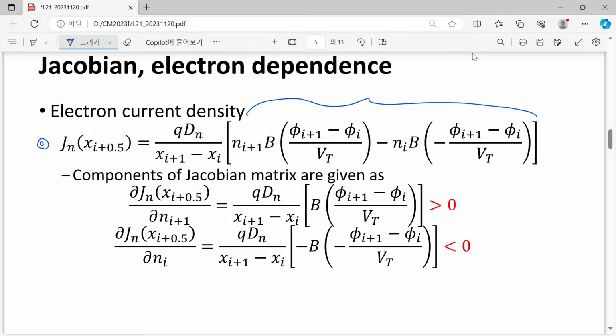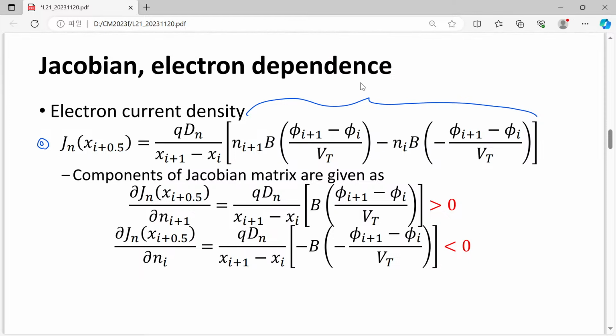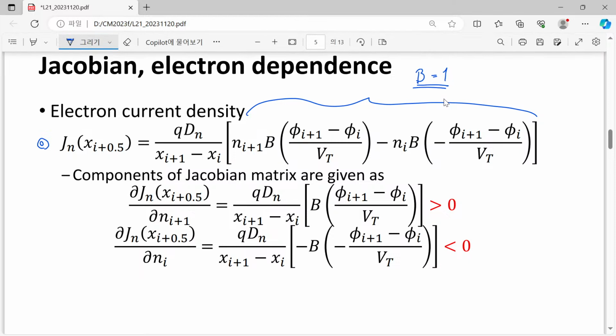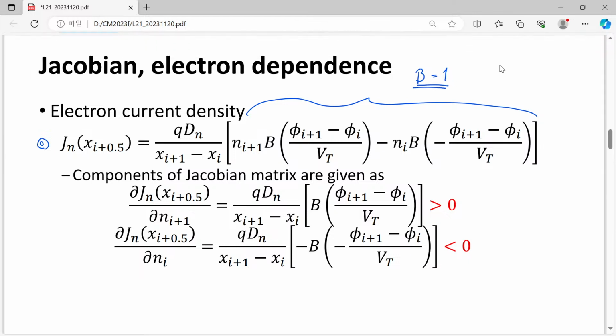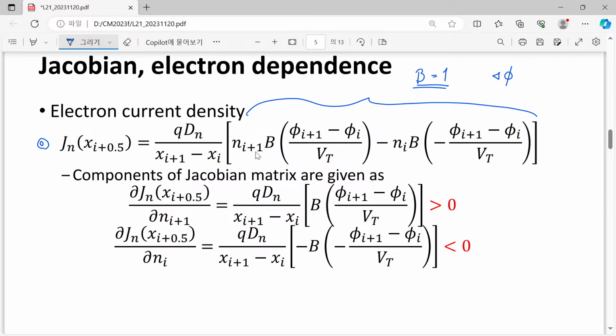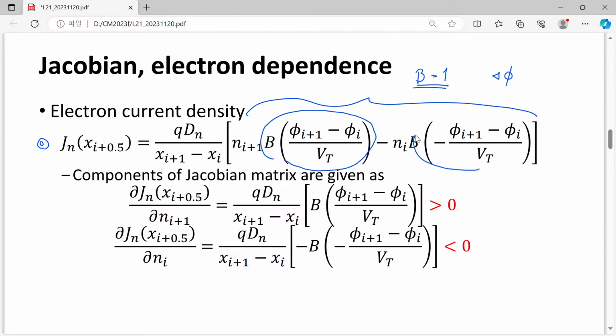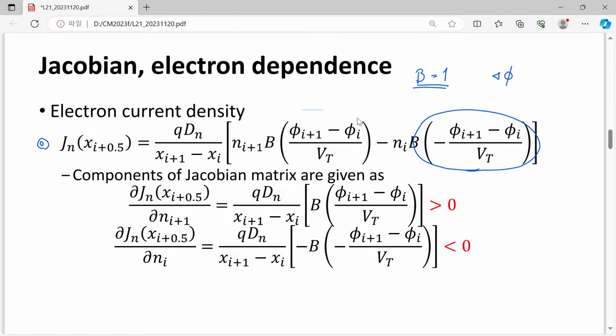So how can you memorize it? Please note that this is corresponding to just a diffusion term when we have B equal to 1. What is the B equal to 1 case? This is corresponding to zero potential difference between two node points. So please always consider the diffusion term as a reference form. After that, just add this and that Bernoulli function correction. Then you will have the relation.